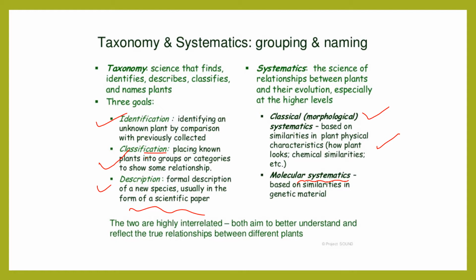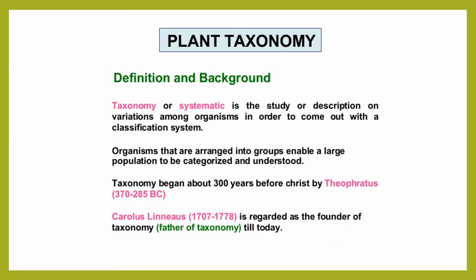Systematics as well as taxonomy are interrelated with each other. Both of them aim at a better understanding and reflecting the relationships between the different plants. Now, taxonomy or systematics is a study or description of different variations among the organisms in order to come out with a classification system.